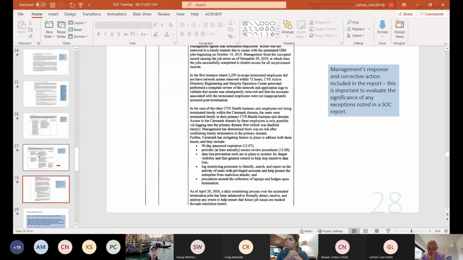So now if we have a deviation noted, the next thing we're going to look for, basically on slide 28, is management's response. And this is critically important. So they say right up front, management agrees that terminated employees' access was not removed in a timely manner. So they get into a whole narrative there about what they've done to fix it.